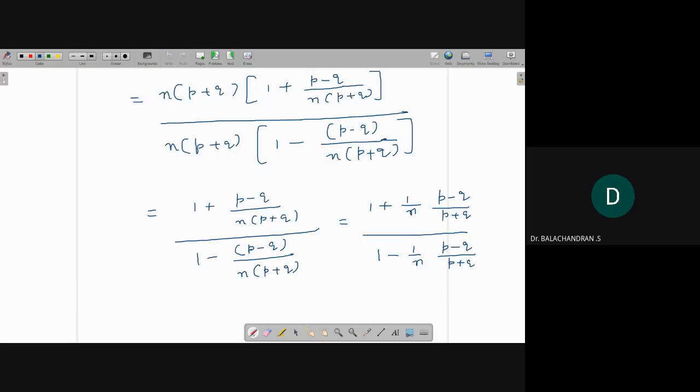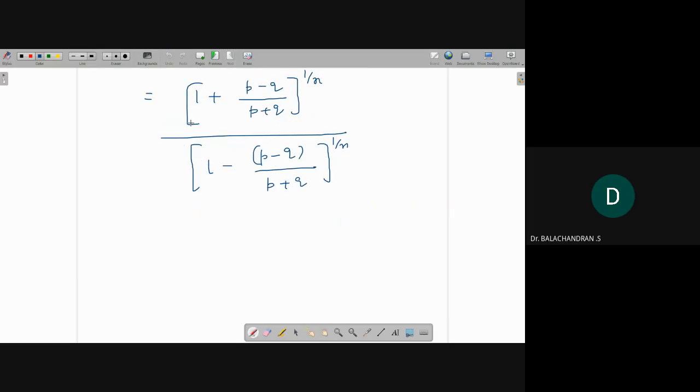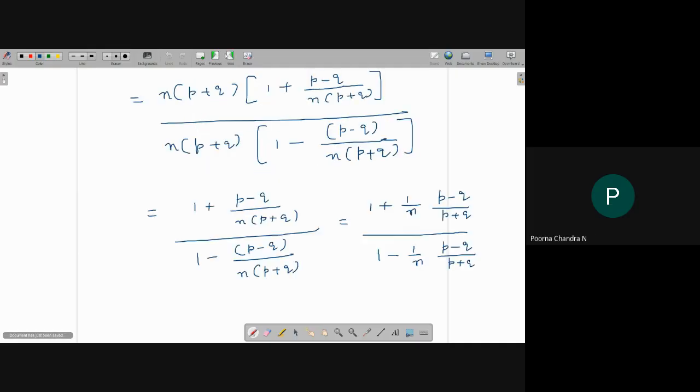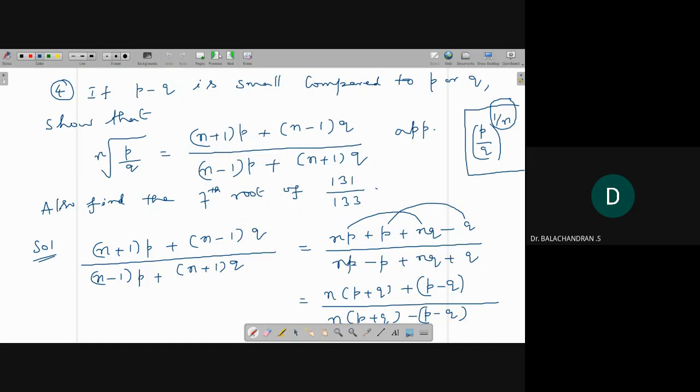Why is it possible to write like this? Sir, to get 1 by n power, sir. Yeah, that is our aim. But which condition are we using? Approximation. So exactly you should tell.